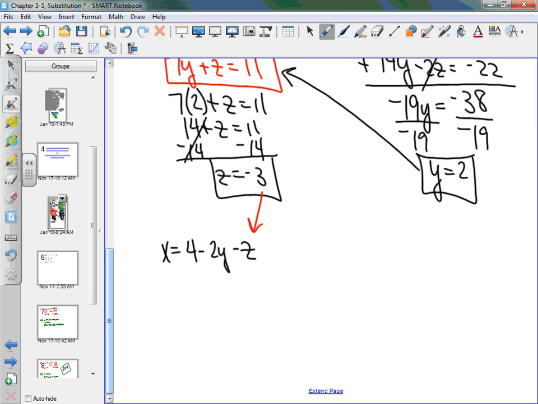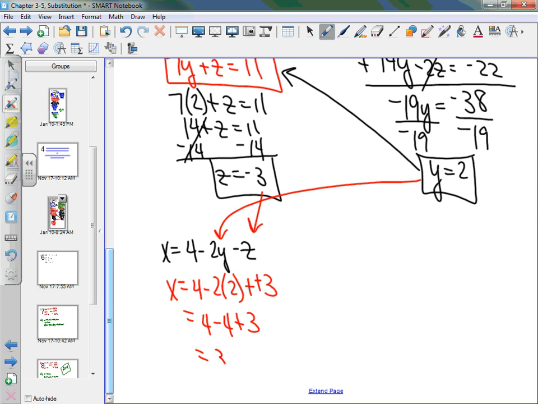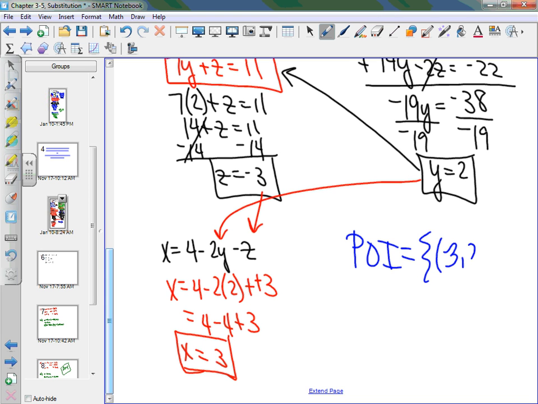I know what z is. I know what y is. So 4 minus 2 times 2 minus negative 3, the negatives a positive. 4 minus 4 plus 3 gives me 3 is my x coordinate. So what is my POI? My point of intersection is going to be 3, 2, -3.